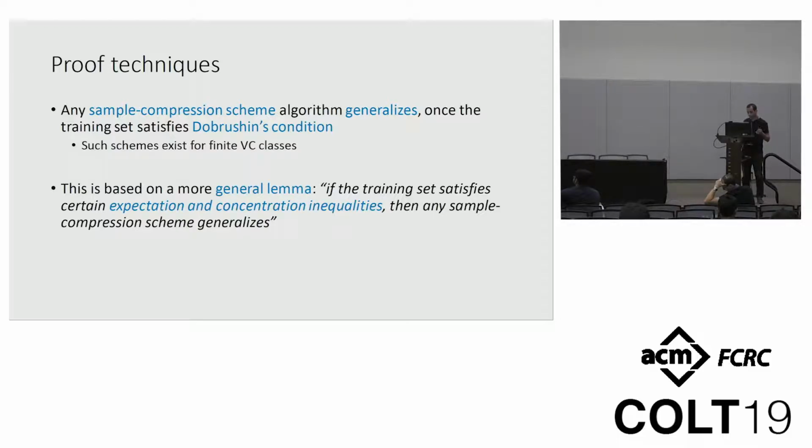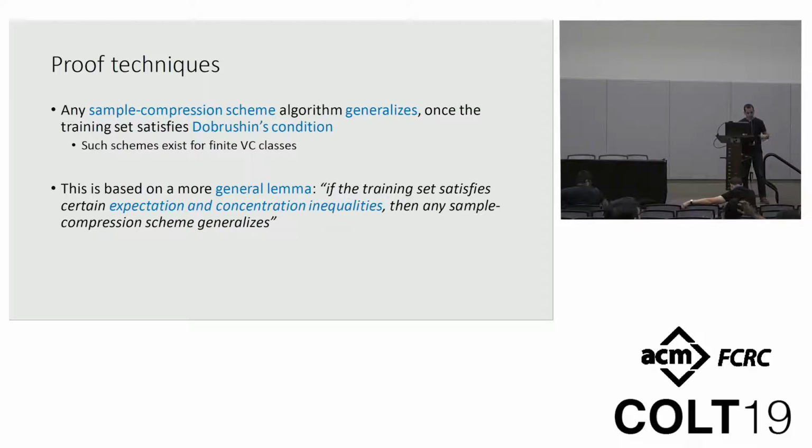For example, for support vector machines, the output hypothesis depends only on the support vectors. So this is a kind of sample compression scheme, and there's been a lot of work on them. We show that any sample compression scheme will generalize under Dobrushin's condition.